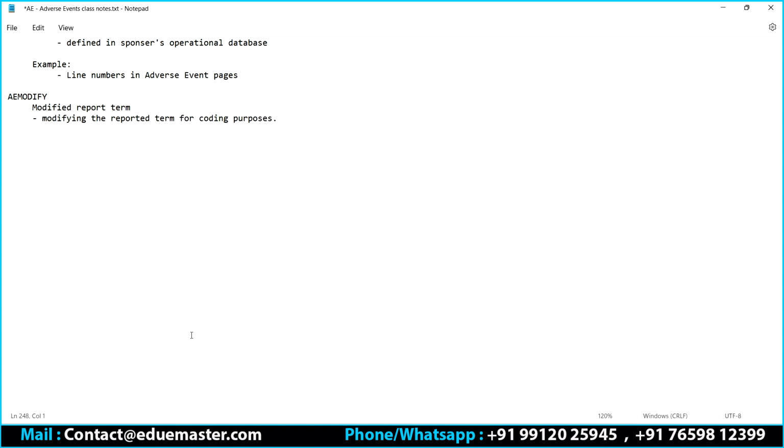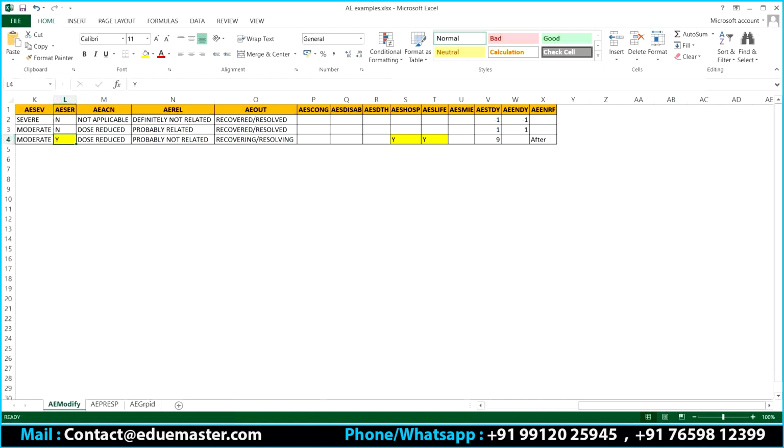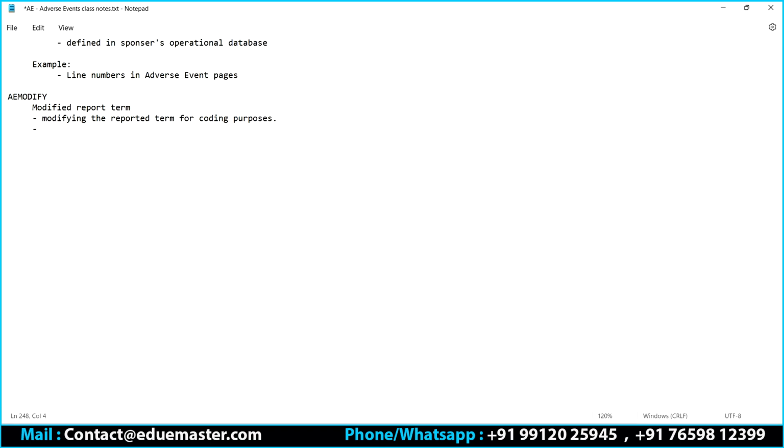AE modify primarily talks about modifying the reporting event. Why do we want to do this? We want to modify it primarily for the coding facility. So the modified text will be part of your AE modify. Remember, AE term still has the name of the event.